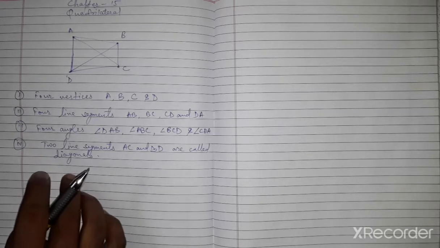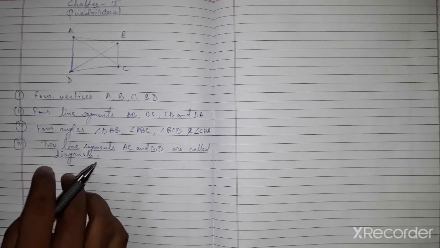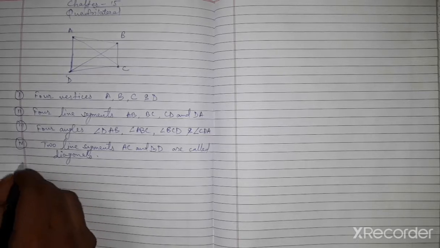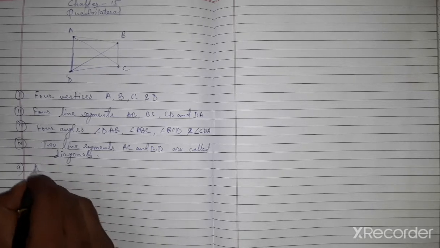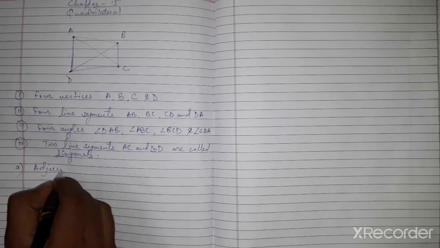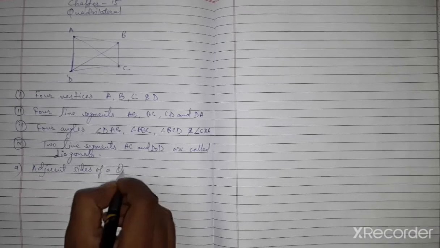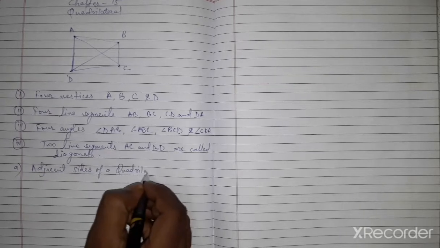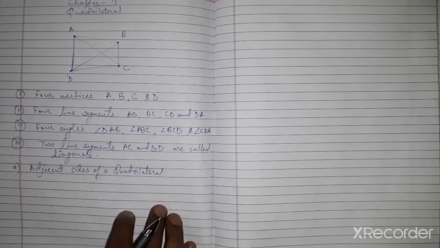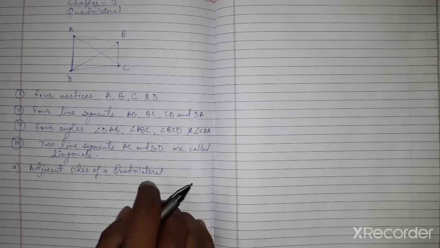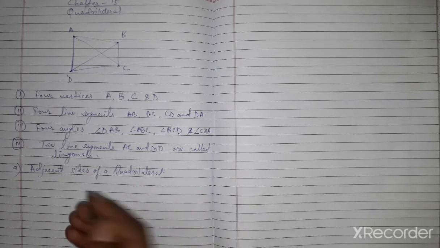Now let's see some more terms related to quadrilateral. Number A is adjacent sides of a quadrilateral. I am giving you an example.